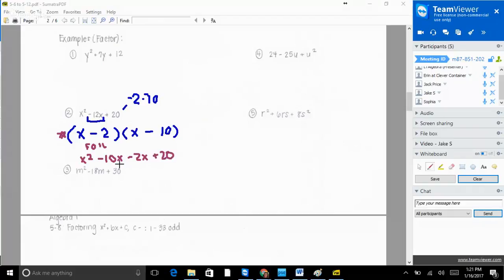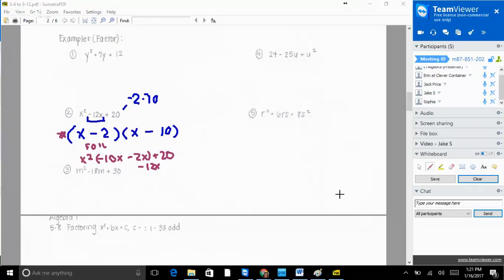All right, so I end up with negative 10x plus negative 2x, which is negative 12x in the middle. And I'm being a little bit lazy here with my writing, so sorry about that. So this becomes negative 12, and that doesn't even look like 12. So that's kind of the idea of what you're going to be doing.